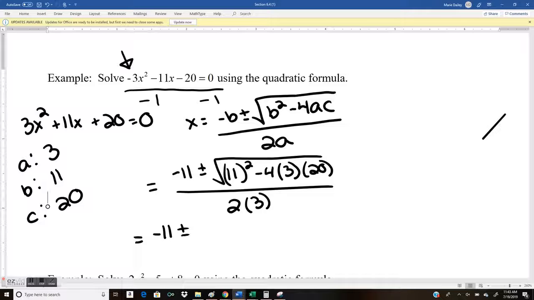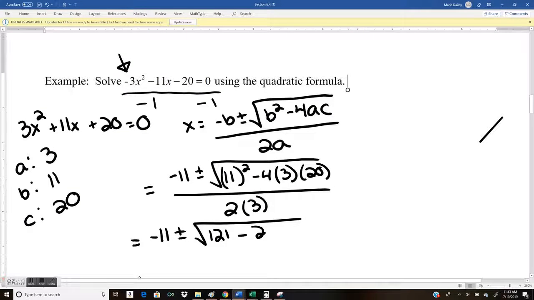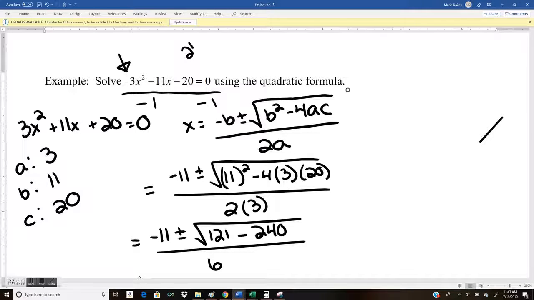This then becomes negative 11 plus or minus the square root of 121 minus 12 times 20, which is 240, all over 6. I should have grabbed my calculator to have on hand here, but I was like, oh, I can do this. So very quickly, that's going to be 119 if my arithmetic is correct.